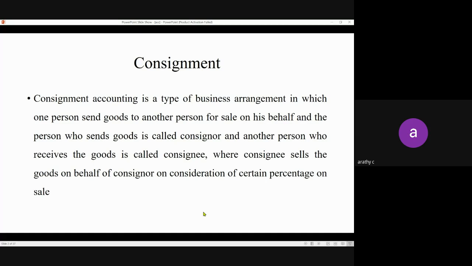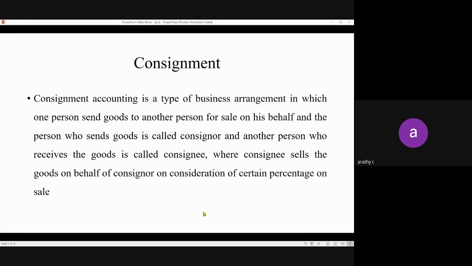The benefit of this consignment is that the consigner gets the profit and the consignee gets the commission for their sales.